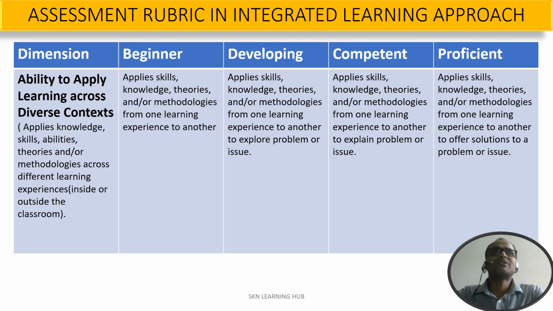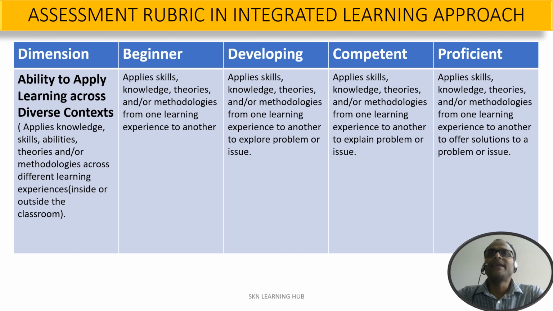The third dimension is ability to apply learning across diverse contexts. The learning outcome is: applies knowledge, skills, abilities, theories, and/or methodologies across different learning experiences inside or outside the classroom. Students who apply skills, knowledge, theories, and/or methodologies from one learning experience to another will be assessed as beginner.